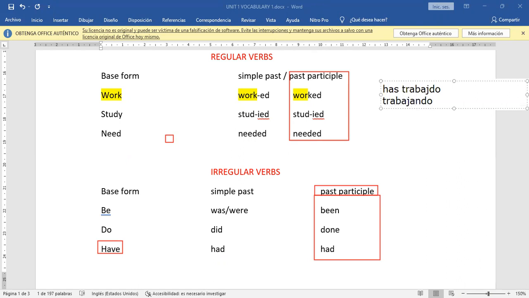Do you agree? Ella ha trabajado, sería. Not really. Past participle. We are not organizing sentences. We want to know just what does work mean? What does studied mean? What does needed mean in past participle?